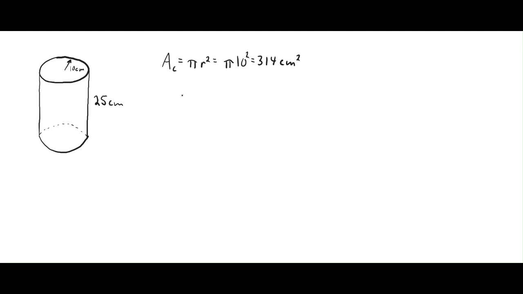Now let's find that big rectangle. I can see the height of that rectangle is 25, so it's 25 centimeters long this way. And then how far does it go in this other direction?